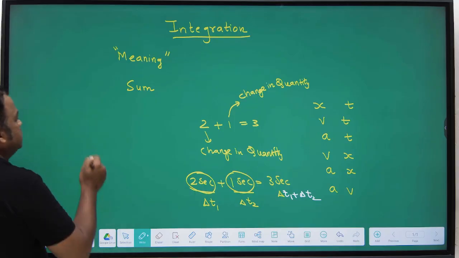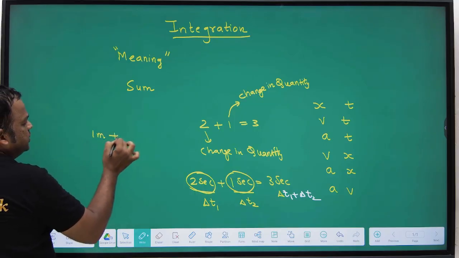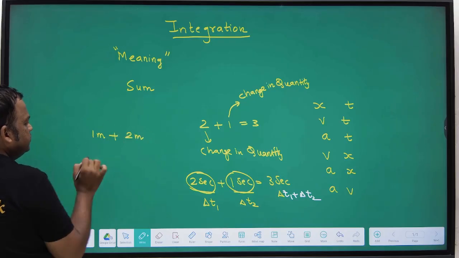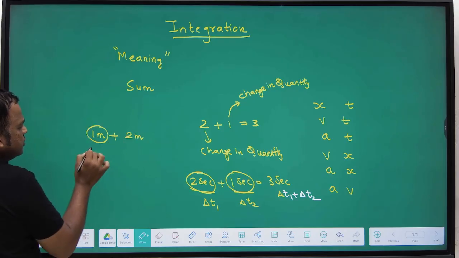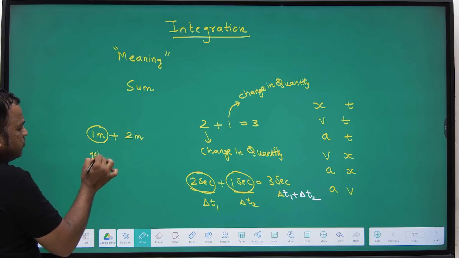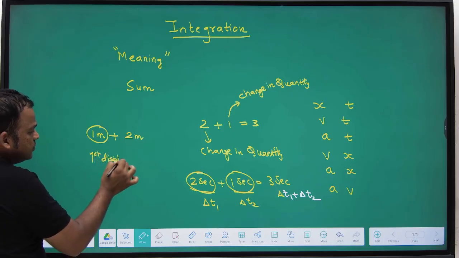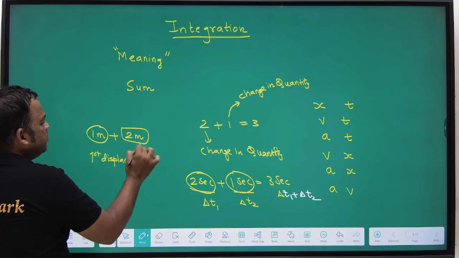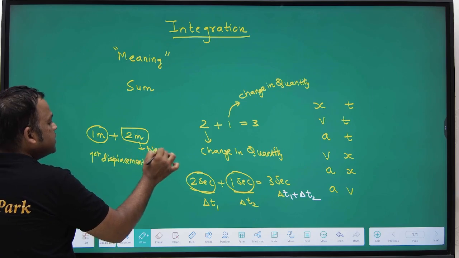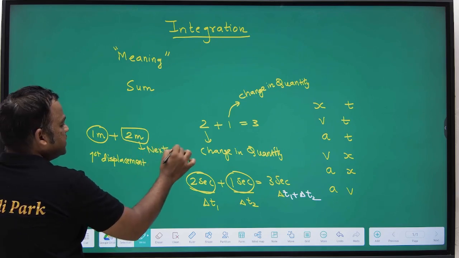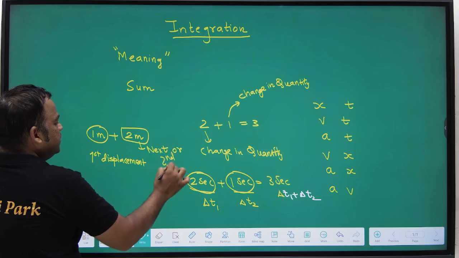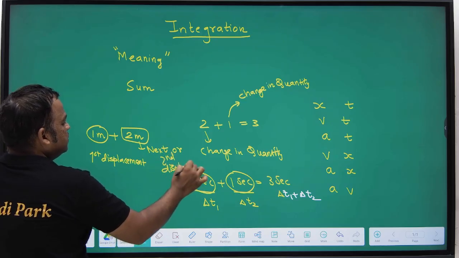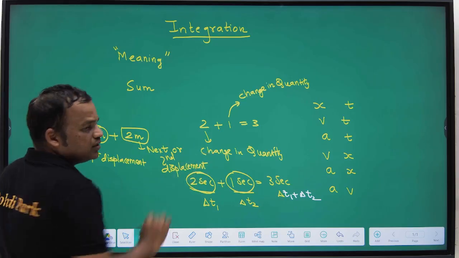Similarly, suppose I am saying 1 meter plus 2 meter. So this 1 meter can be the first displacement, and 2 meter can be the next or second displacement.